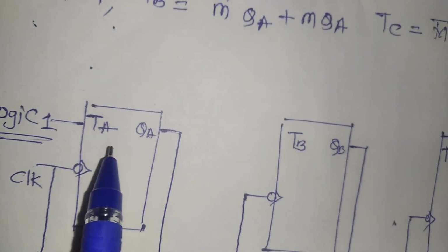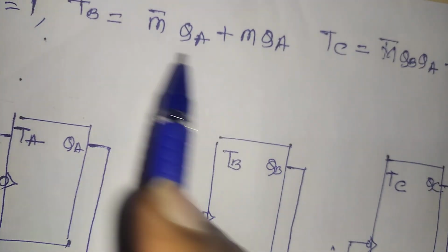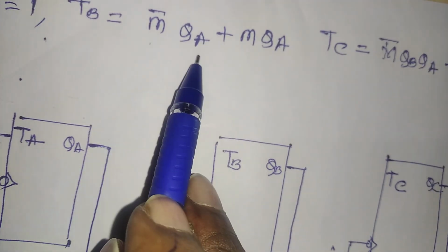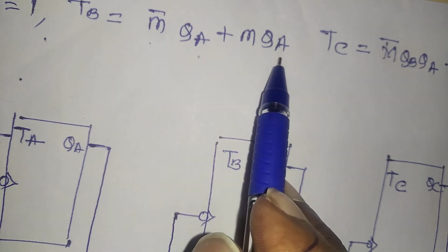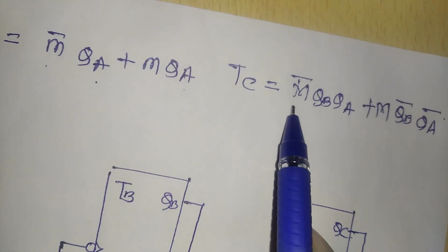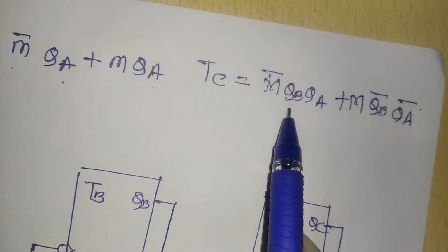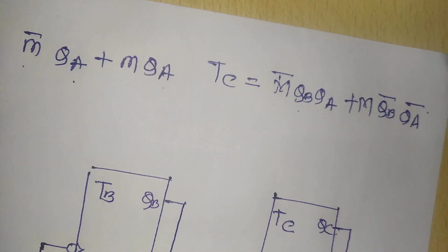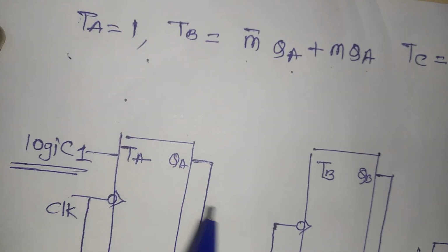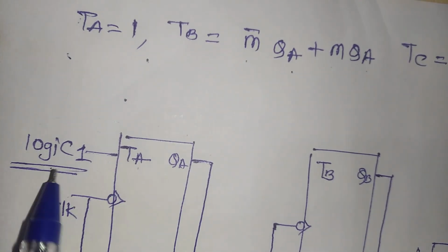Now, we have TB is equal to M bar QA plus M QA, and TC is equal to M bar QB QA plus M QB bar QA bar. So, I have connected TA to logic 1.